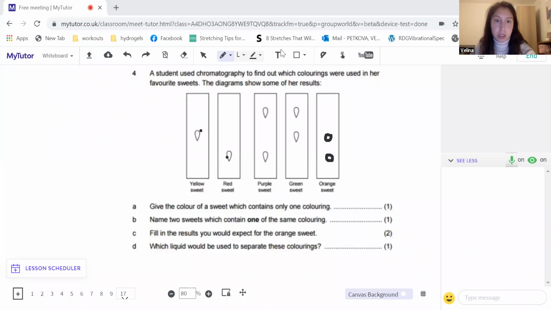Any questions quickly? So the RF value is the retention fraction. So it stands for retention fraction. Do you need to know which two colours mix to make a colour?